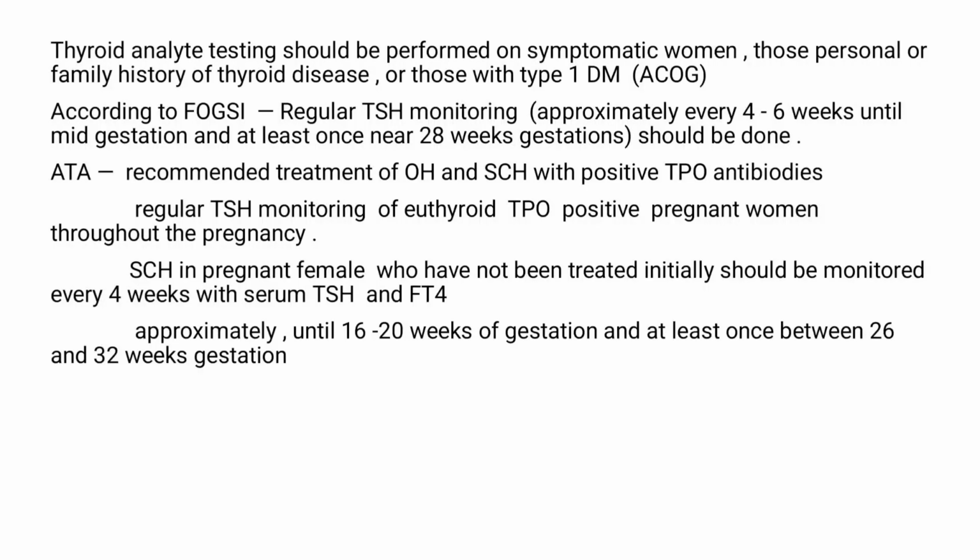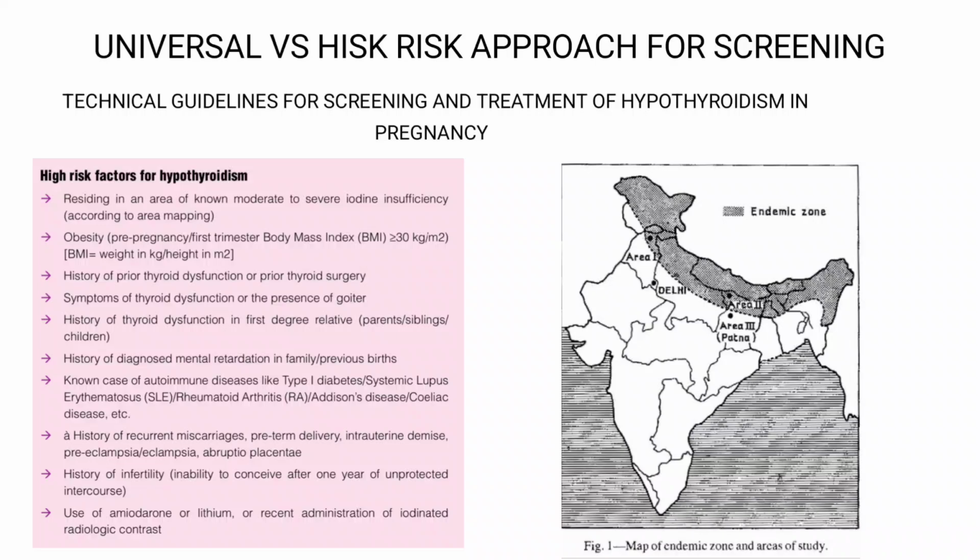Regular TSH monitoring is advised in euthyroid TPO positive patients throughout the pregnancy, and subclinical hypothyroidism in pregnant females who have not been treated initially should be monitored every 4 weeks with serum T4 and TSH levels approximately until 16 to 20 weeks of gestation and at least between 26 to 32 weeks of gestation.